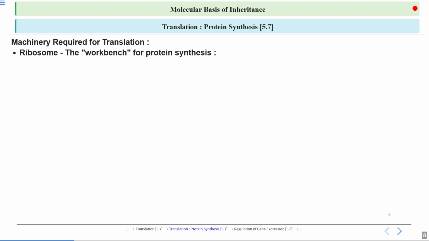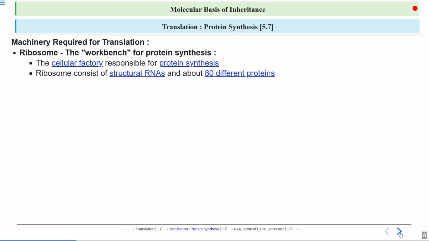Now, for this translation, we have studied mRNA. Now it's time to understand the ribosome. If we talk about the ribosome, what is it? It is the workbench for protein synthesis. This is the place where protein synthesis is happening. This is the cellular factory responsible for protein synthesis.